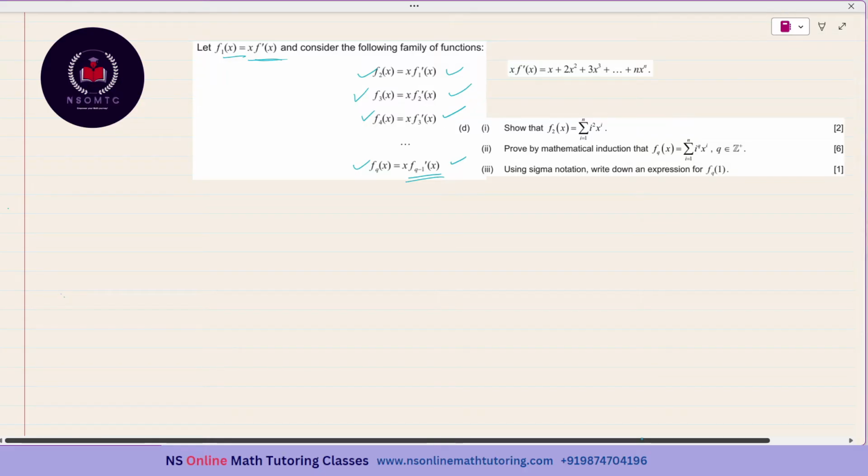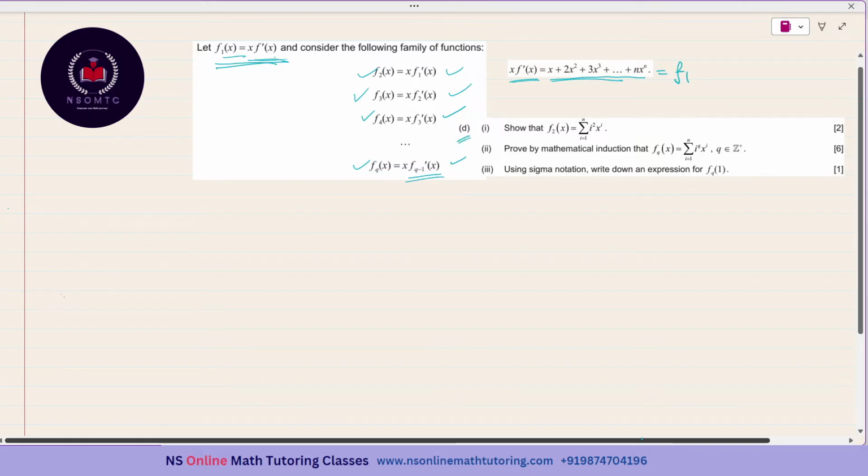And it is saying f1 of x equal to x times f dash x. And x times f dash x is having this expression. This we had proved in our previous subpart. So this is equal to f1.